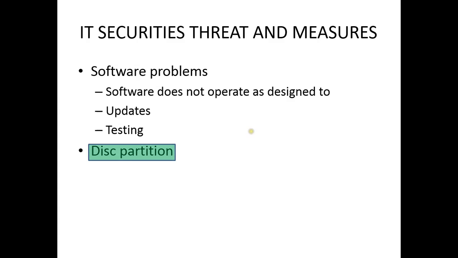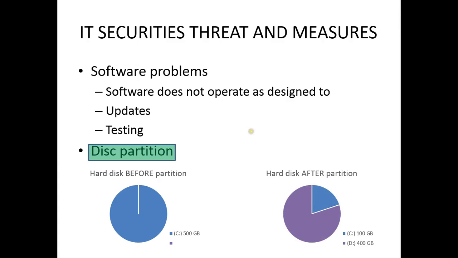A fairly easy solution is the disk partition. Before the partition, the hard drive has a certain size, and it's usually called the C drive. Let's say we have an example here with 500 gigabytes. After the disk partition, the hard drive is split into two drives: one which is still called the C drive with only 100 gigabytes, where you're going to store all of your software, and the second drive called the D drive with about 400 gigabytes.